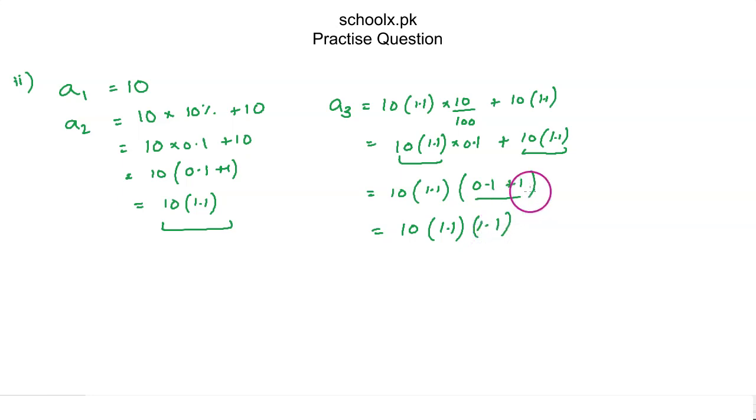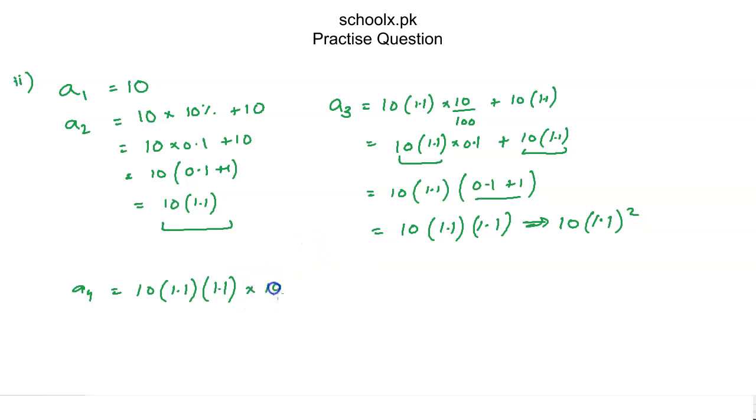Now moving on to the fourth day, I'm just trying to make up a pattern here. The amount of water lost on the fourth day will be 10% more than this one, right? So it will be 10 times 1.1, 1.1. This is 10 times 1.1 squared, alright?